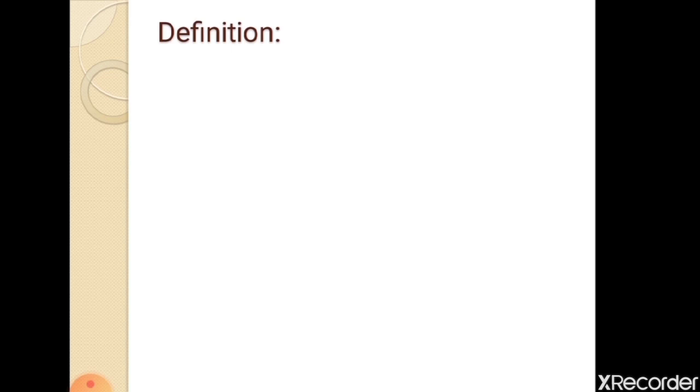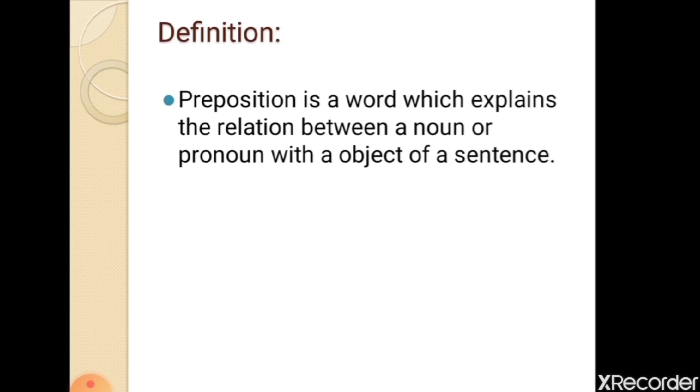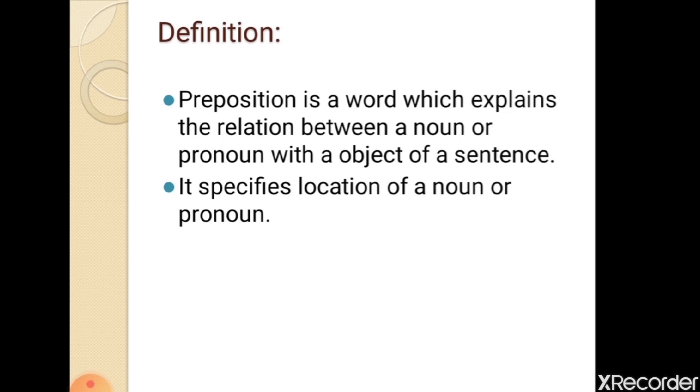The definition of preposition is: a preposition is a word which explains the relation between a noun or pronoun with the object of a sentence. So, it specifies the location of a noun or pronoun.